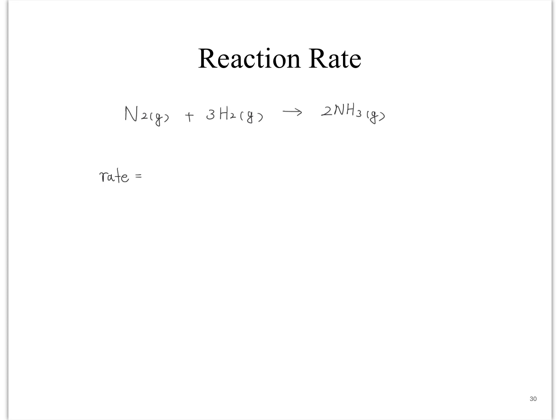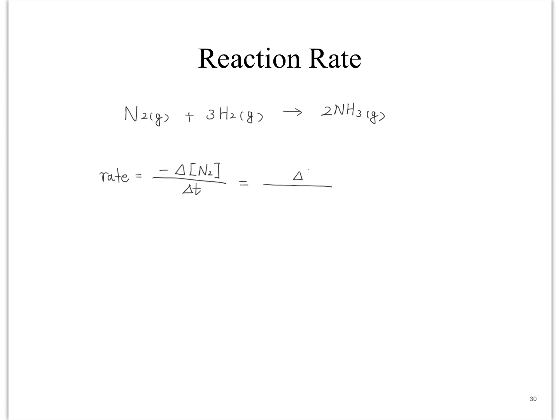So first of all, if we write the rate referring to the nitrogen gas, because it's a reactant, that will be a negative sign, for reactant disappearance: negative delta of the concentration of nitrogen gas divided by delta t. The next one, we are going to use hydrogen as a reference to see the hydrogen concentration change.